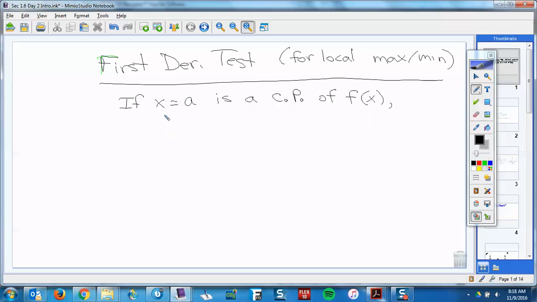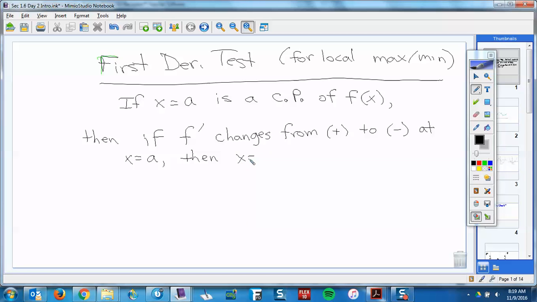So if we have a critical point of f of x, then if f prime changes from positive to negative at x equals a, then x equals a is a local max of f.